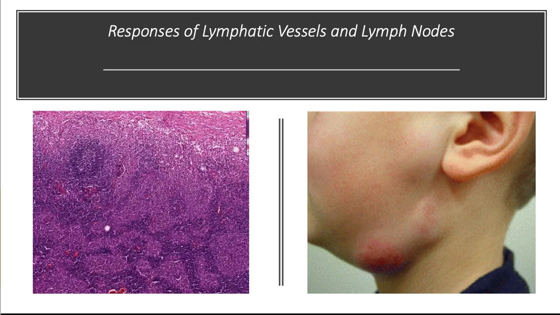In addition to blood vessels, lymphatic vessels also participate in acute inflammation. The system of lymphatics and lymph nodes filters and polices the extravascular fluids. Lymphatics drain the small amount of extravascular fluid that seeps out of capillaries under normal circumstances.